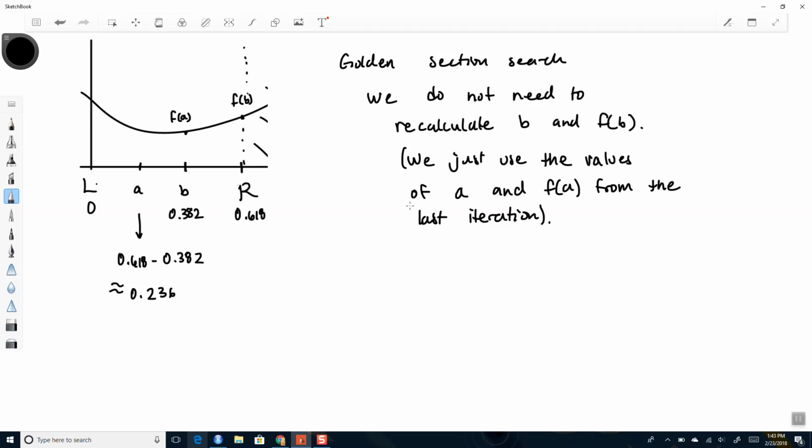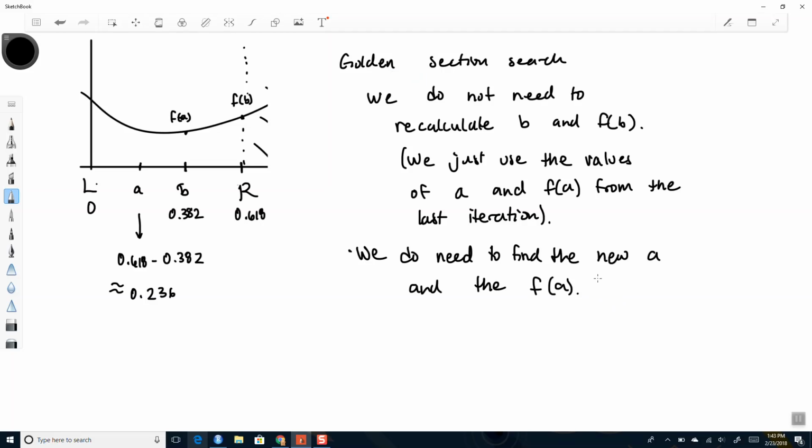So we don't need to recalculate this location B, and this value of f of B. We just use the values from the last iteration. We do need to find the new A and the f of the new A.